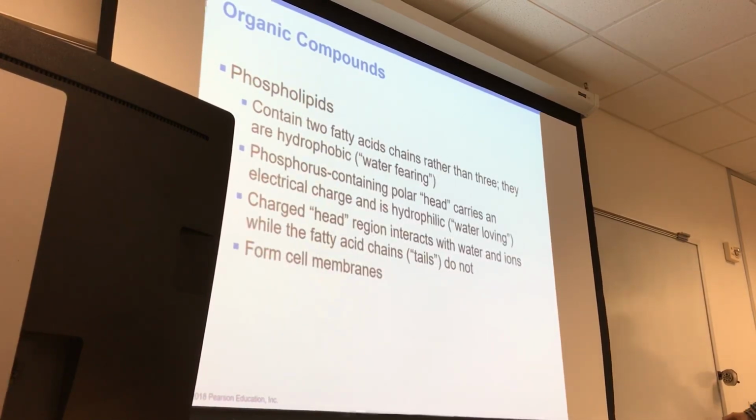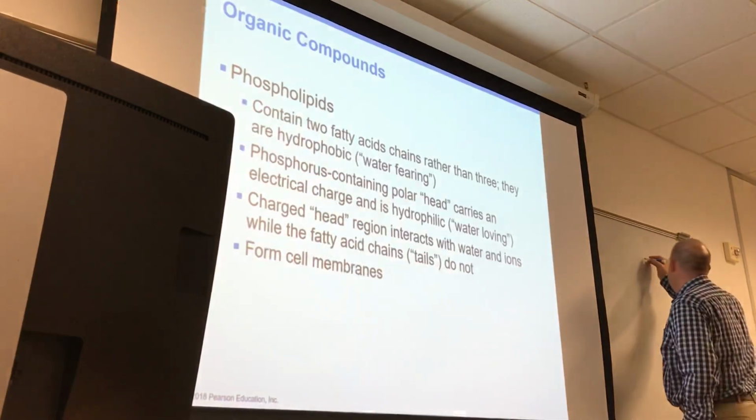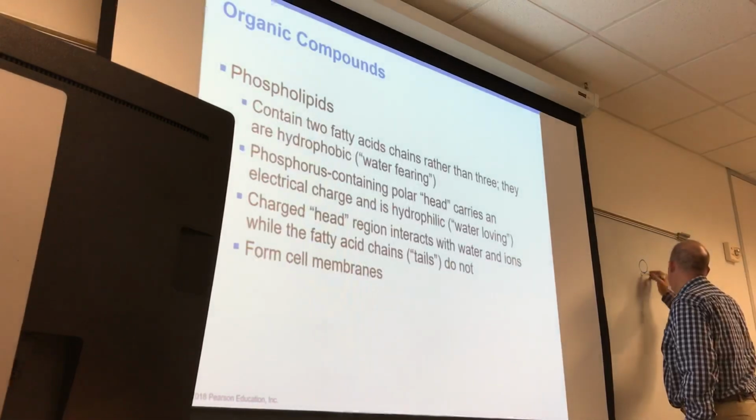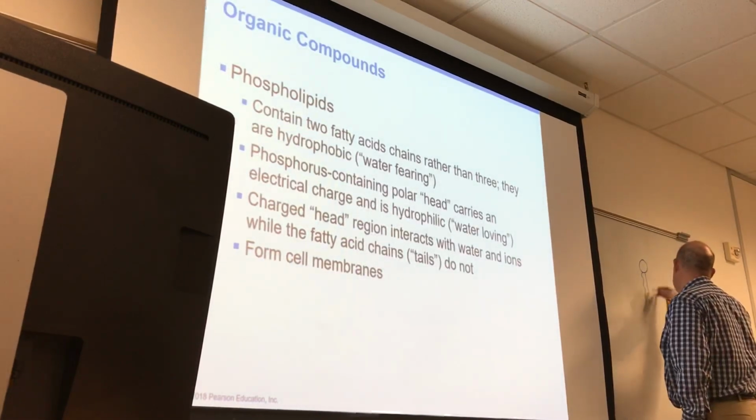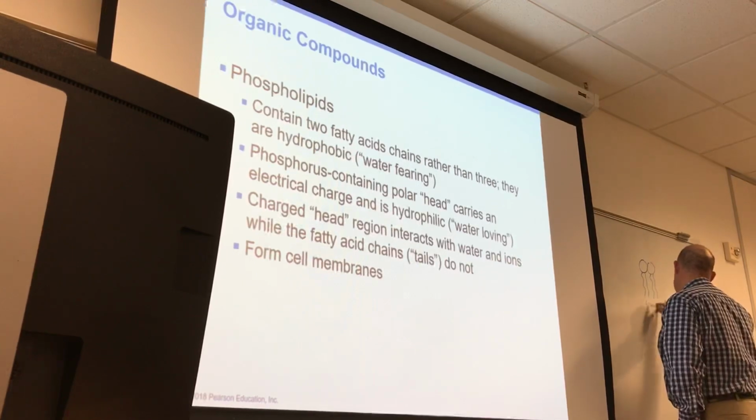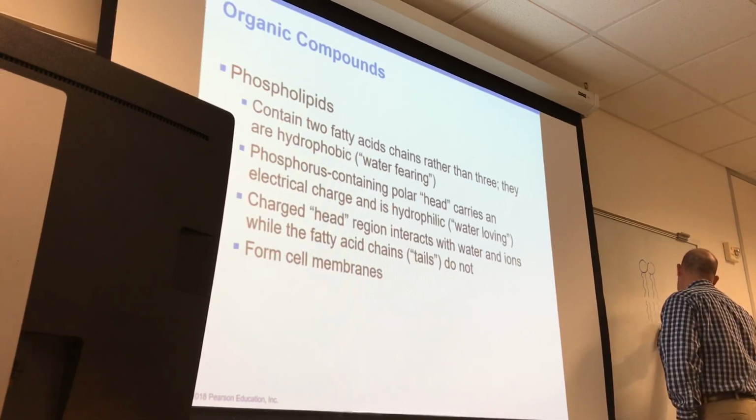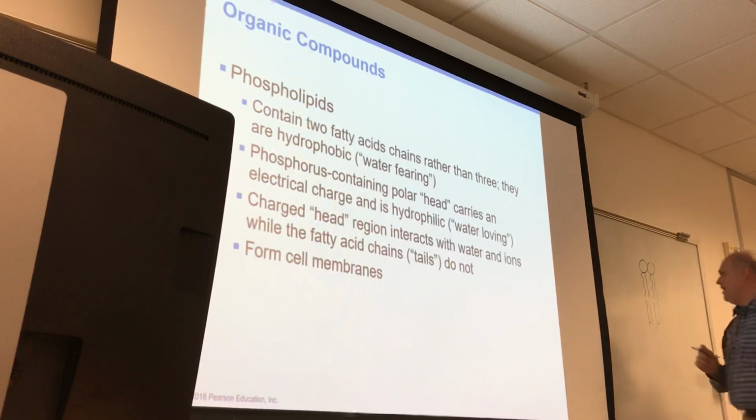Phospholipids. Phospholipids are just like fatty triglycerides, with the exception that instead of having three fatty acid chains, there's only 2. And where that third one would have been, we add another group which becomes a head.